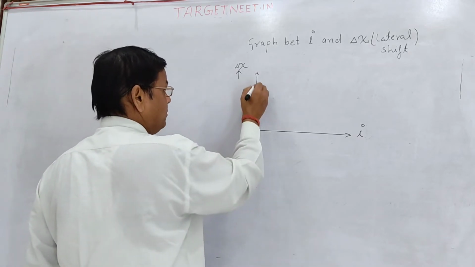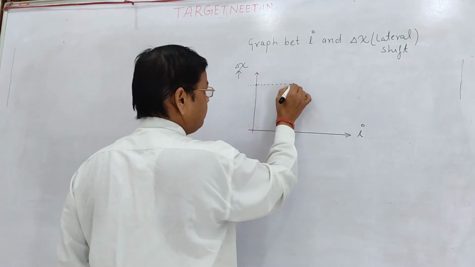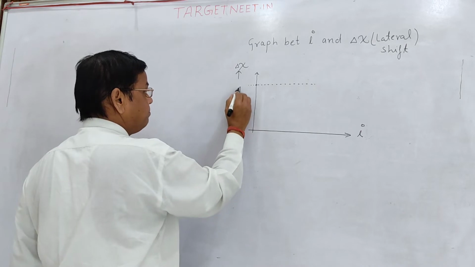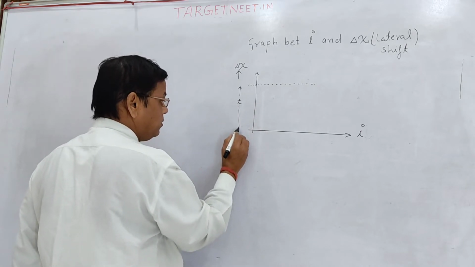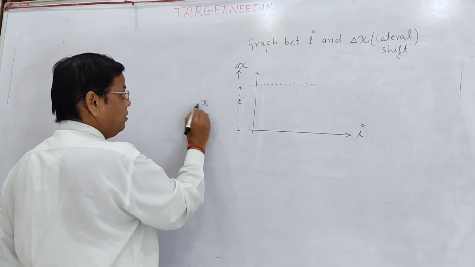As you know, the maximum value of lateral shift is the thickness of the glass slab. Lateral shift doesn't exceed this value. So this is the maximum lateral shift.